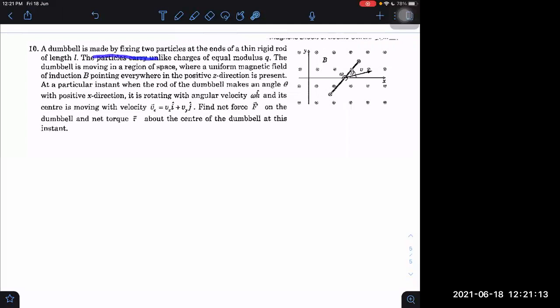A dumbbell is made by fitting two particles at the ends of a thin rigid rod of length L. The particles carry unlike charges of equal modulus Q. The dumbbell is moving in a region of space where a uniform magnetic field induction B pointing everywhere in the positive Z direction is present.